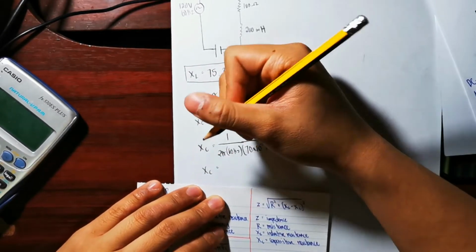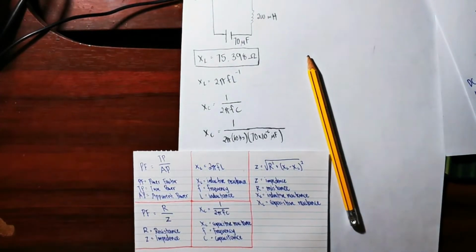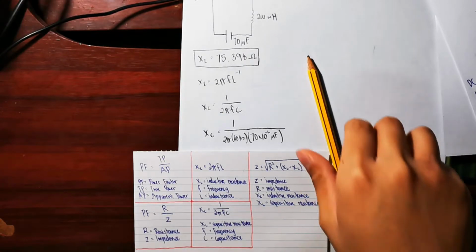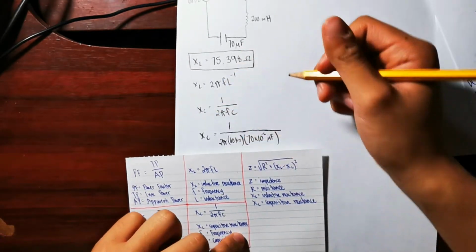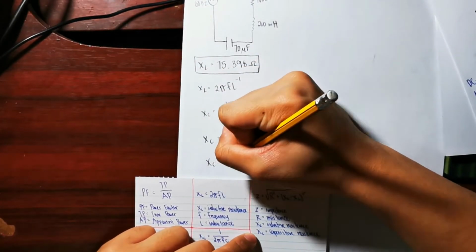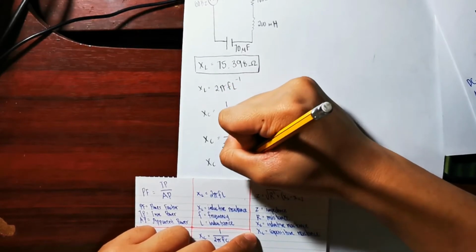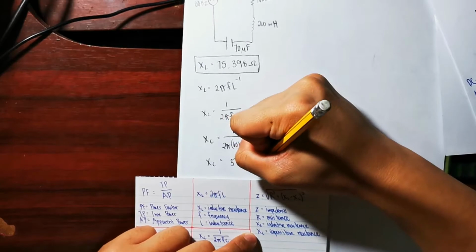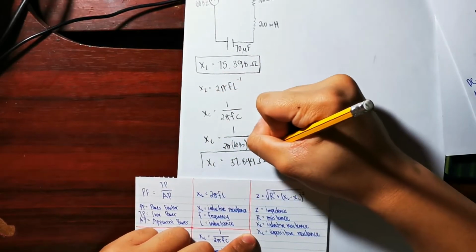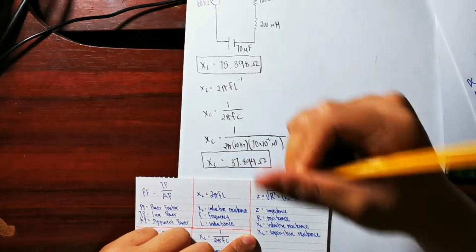And let's plug it into our calculator and we'll get 37.894 ohms. This will be our capacitive reactance.